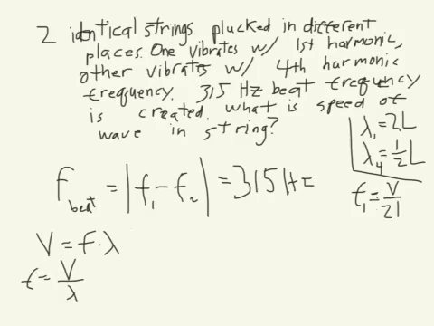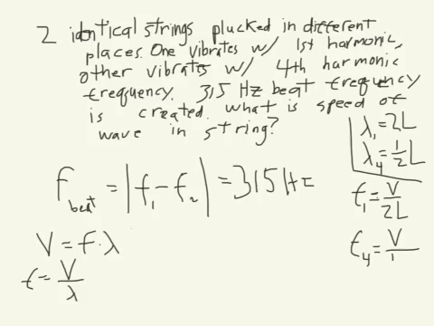We've defined the wavelength as 2L. And we can do the same thing for the fourth harmonic. And it's good to point out here the velocity is the same for both of these waves because it's identical strings, same tension, same density, same length.